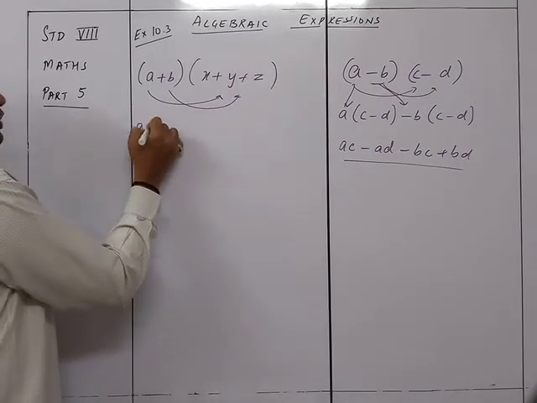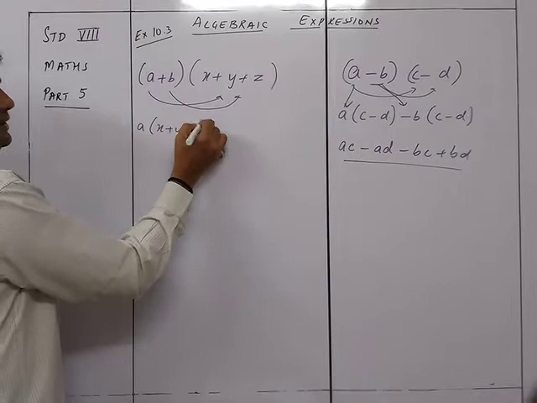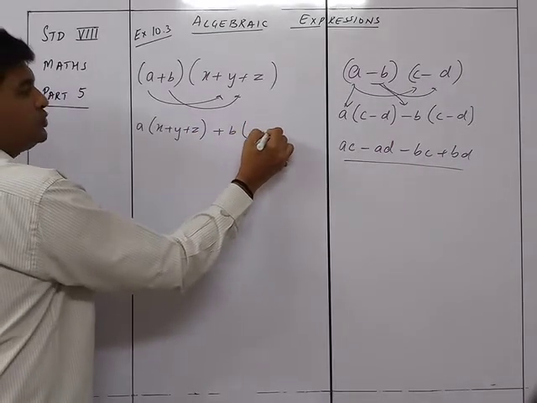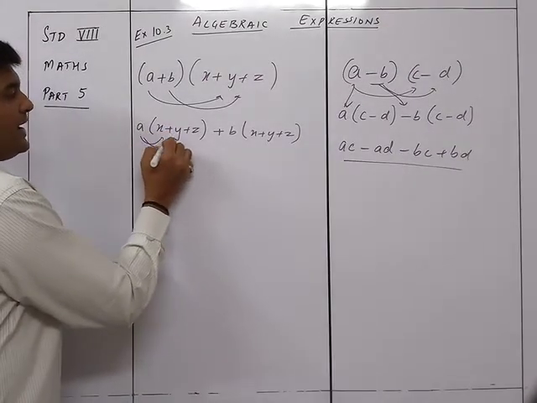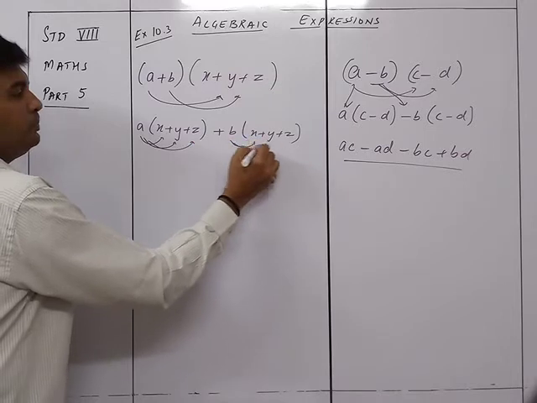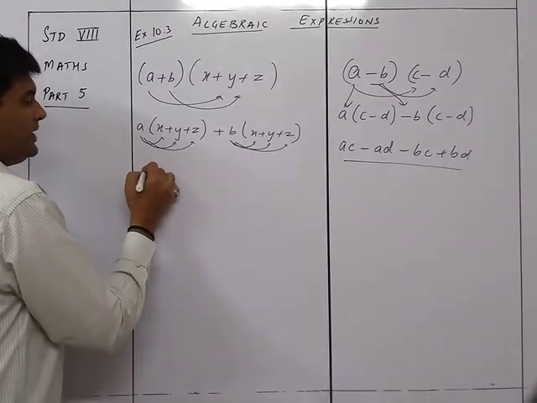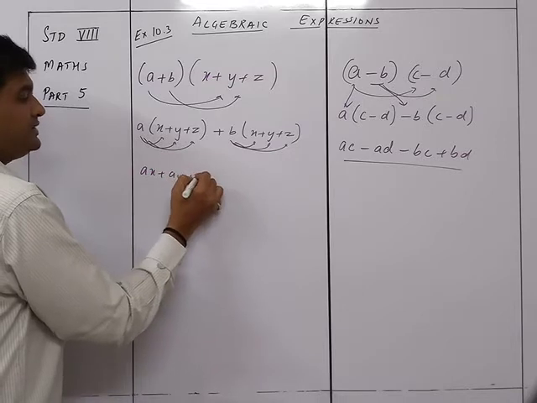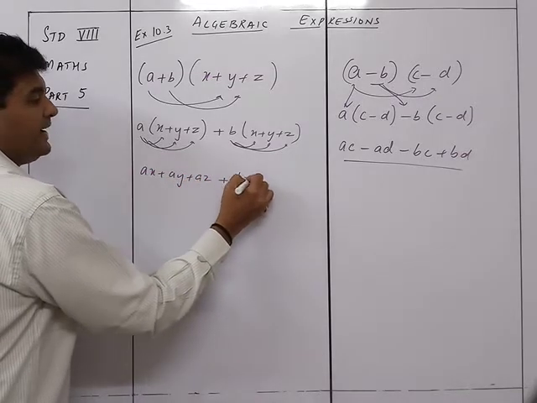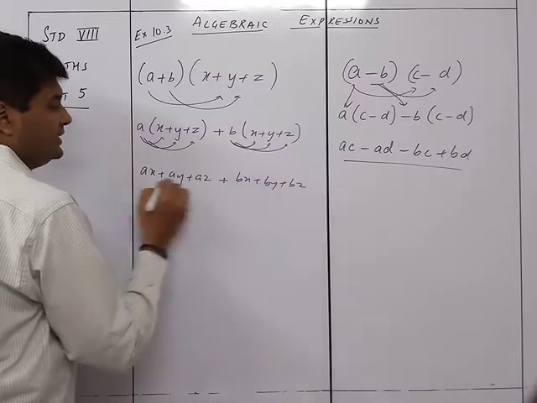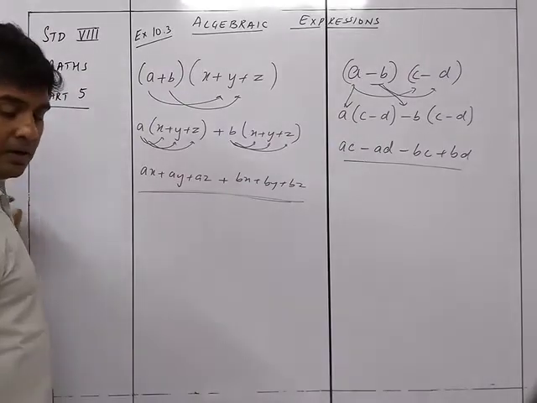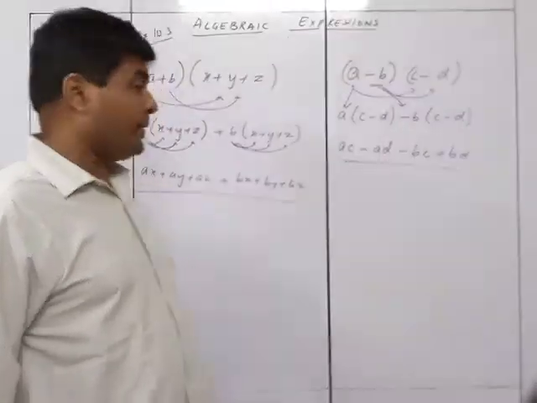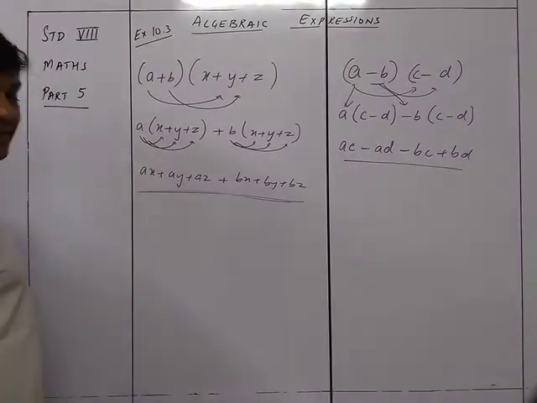So it will be A into bracket X plus Y plus Z plus B into X plus Y plus Z. So now we are going to multiply A with X, A with Y and A with Z, B with X, B with Y and B with Z. So it will be AX plus AY plus AZ plus BX plus BY plus BZ. That's the final answer. You now just need to check if there is any common variable over here, then you need to add them up. If there is a common variable, you can add that up.